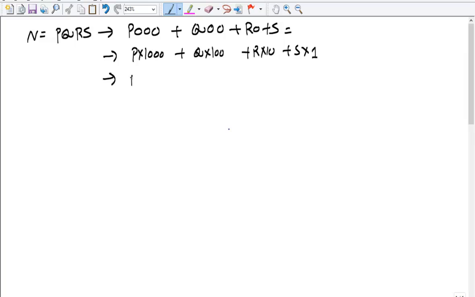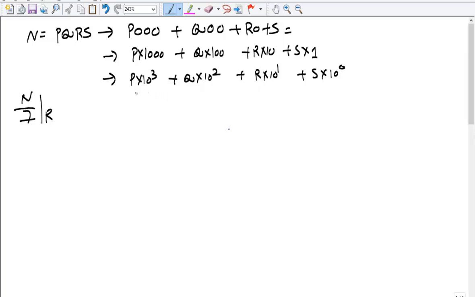This is nothing but P into 10 cube, Q into 10 square, R into 10 power 1 and then S into 10 power 0. And we tried to find the remainders when the divisors are 2, 4, 8, that is of the form 2 power x, and then 5, 25, 125, which are of the form 5 power x, and then for 3, 9, 11 also. Now in this session we are trying to find n divided by 7 remainder.